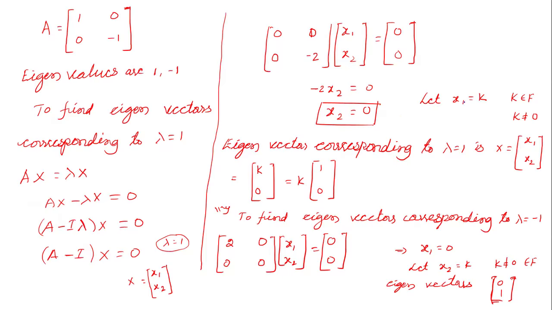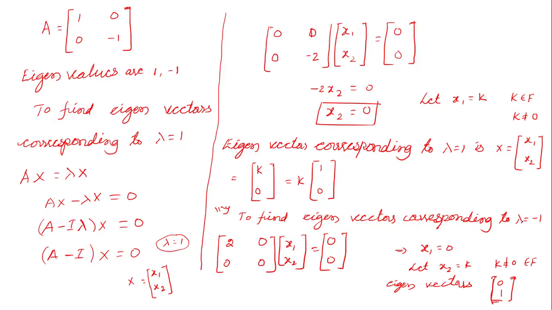Here x1 is the pivotal element and x2 is non-pivotal. Therefore, x1 is equal to k, where k belongs to the field and k is not equal to 0. Therefore, the eigenvector corresponding to lambda equal to 1 is x equal to k times 1, 0. This is for lambda equal to 1.